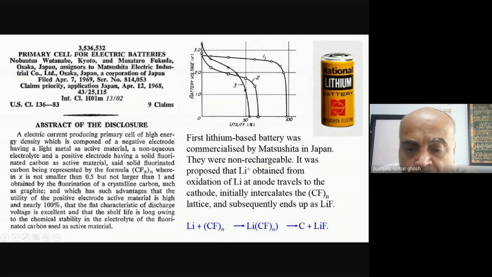And in the cathode, because fluorine is so electronegative, once it gets the electron, the fluorine becomes fluoride, and this carbon just goes back to being carbon. Okay, it just becomes regular graphite. Why is that important? Because lithium and fluoride then combine to form lithium fluoride, and you can imagine the lattice energy of lithium fluoride. So there's a massive driving force for the operation of this particular battery.